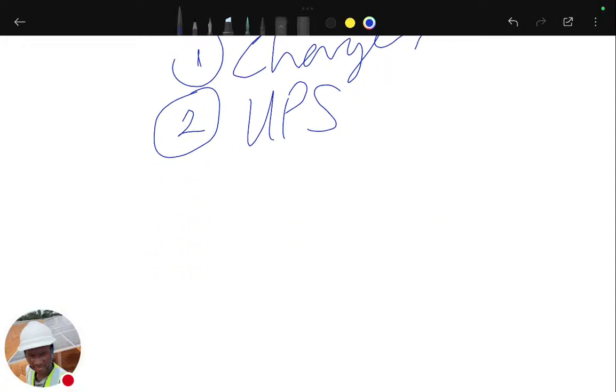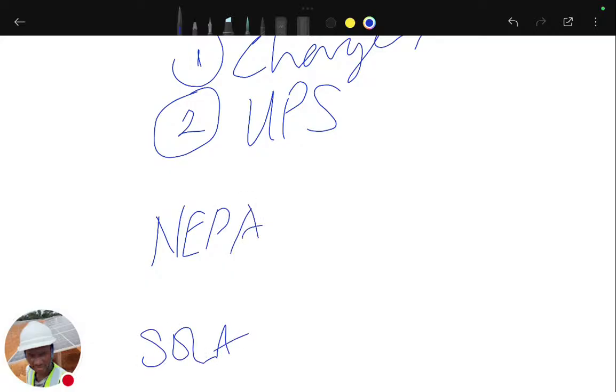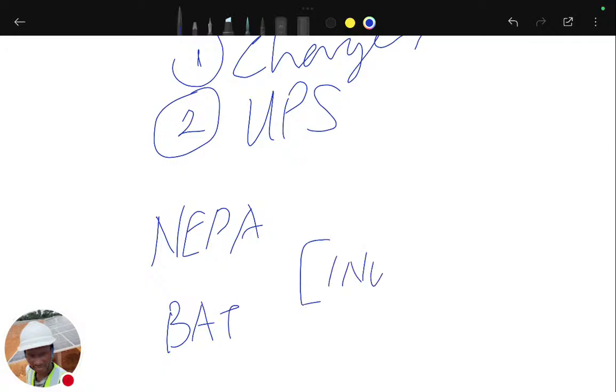So let's put it this way. This is NEPA, and this is solar, or let's call it battery. This is the inverter, and they are both plugged in.